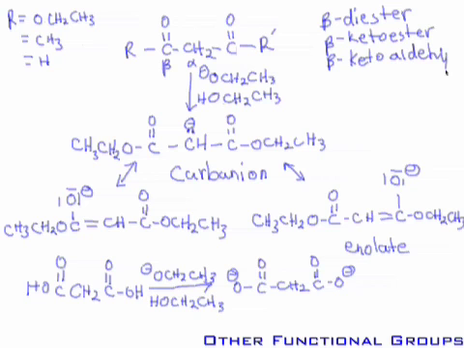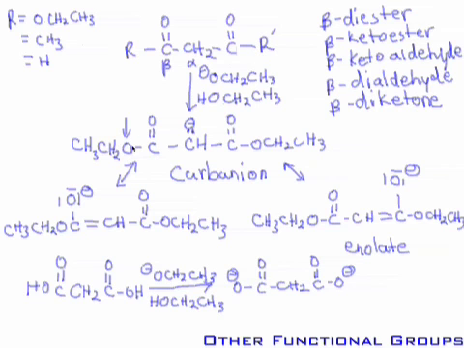A beta aldehyde ester. A beta dialdehyde. Or we could have a beta diketone. In other words, as long as there's no proton on this oxygen that is located here, as long as you don't have an OH group, you could have a carbon or an ester group on either side, you can generate these types of carbanions.